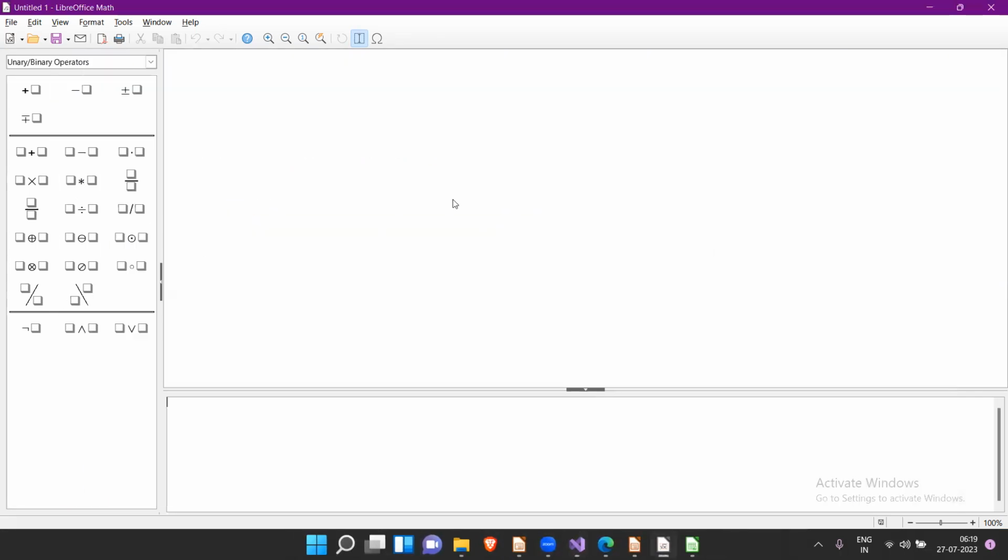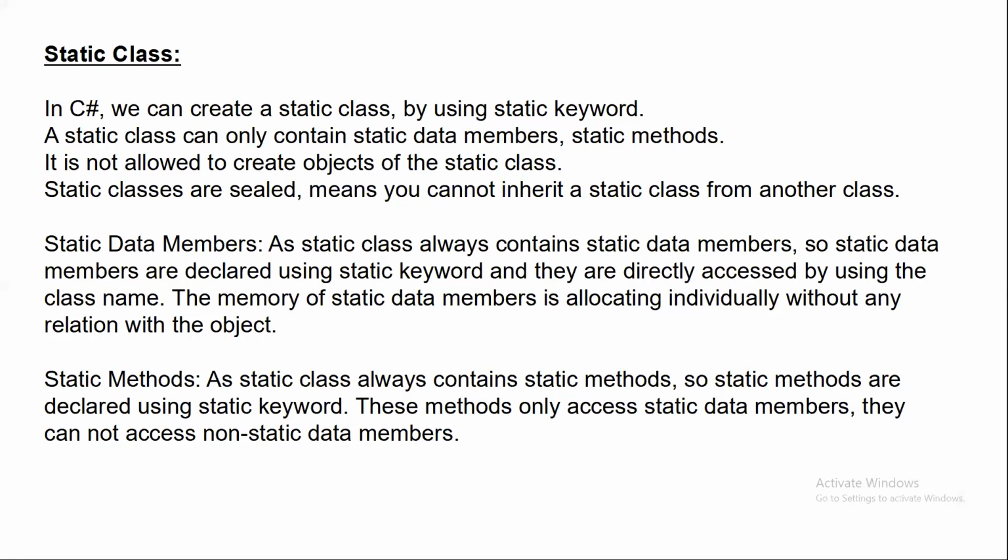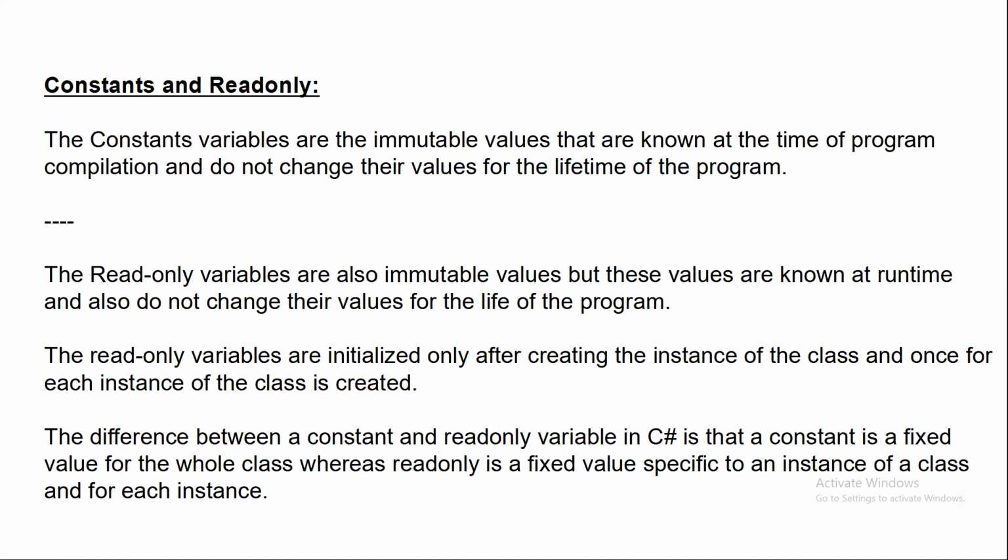Okay, so this is one concept, and one more concept is constants and readonly. Constants, I think we have already discussed when we were writing the programs, but I am touching on this again because there is one more concept called readonly, and there is some difference between these two. That is the reason I am bringing back this concept. A constant is a variable in the program which does not change its value throughout the life cycle of the program.